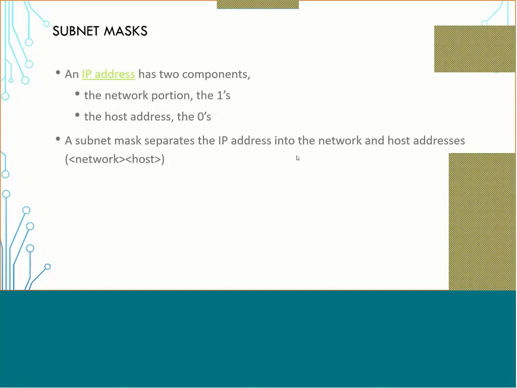So I want you to think about our classroom. In the classroom, we would all have the same subnet mask, but we would all have a different unique IP address. We can't share IP addresses, just like my address cannot be exactly the same as my next door neighbor's address, okay?